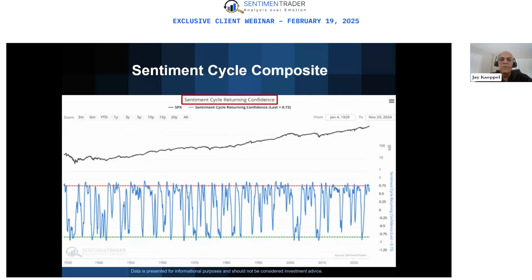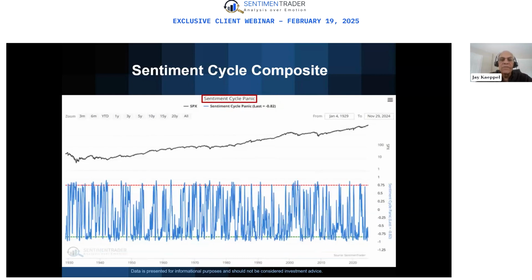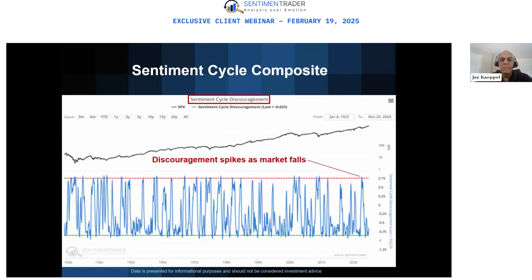Another one is called returning confidence, and that one too, no surprise, drops when the market drops. On the other side of the coin, we have something called cycle panic, which tends to jump higher when the market goes down. And then discouragement does the same thing. As the market goes down, this level goes up.